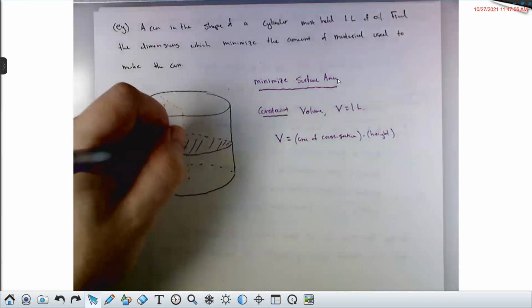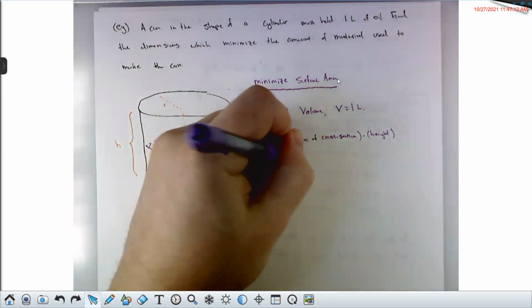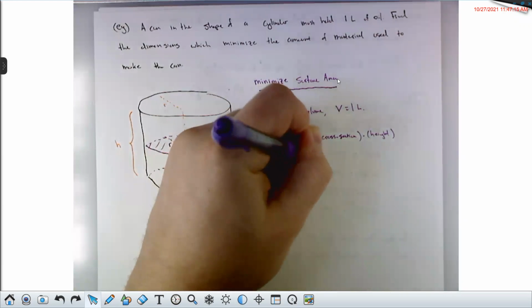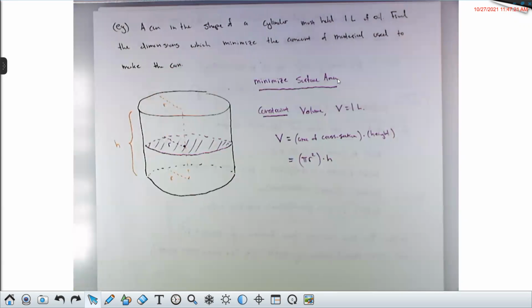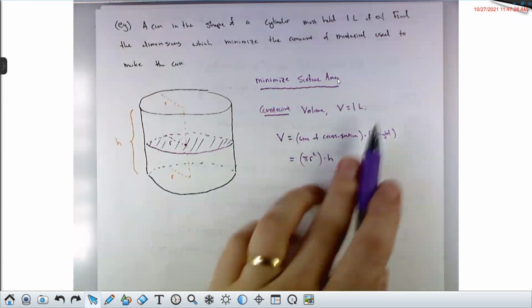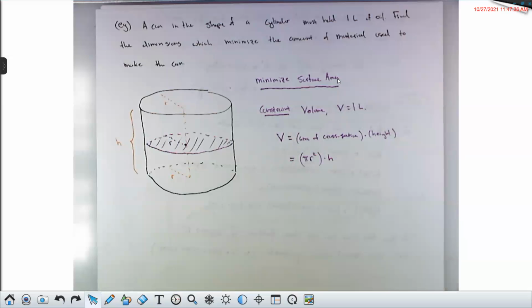That cross section is again a circle of radius r. So the area of the cross section is pi r squared. And the height is the height. It's h. And if you're concerned about the units, 1 liter happens to be 1 cubic decimeter.